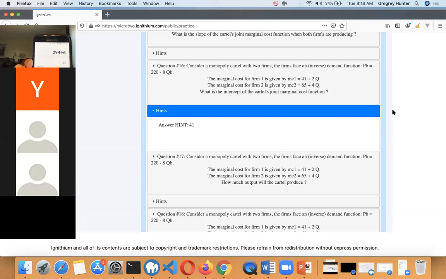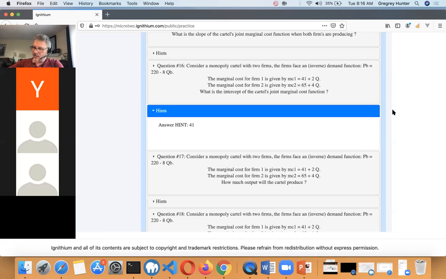And so the question is, remember I told you that this intercept for the MC joint was going to be in between the intercept of the low cost. So the low cost one is down here at 41. And I'll just call this MC1.